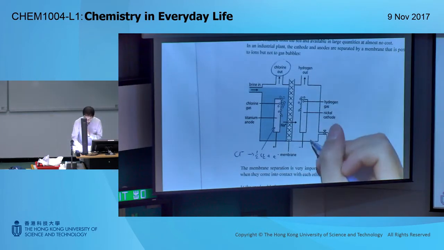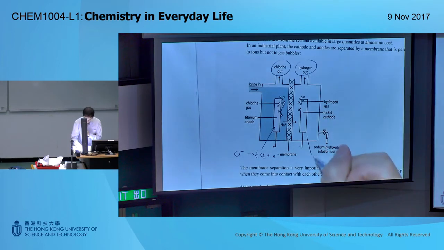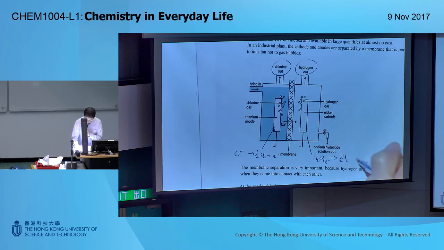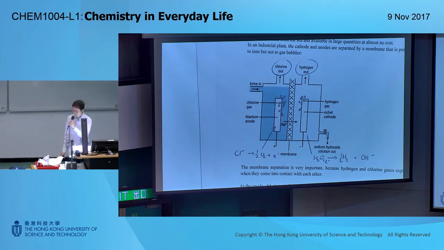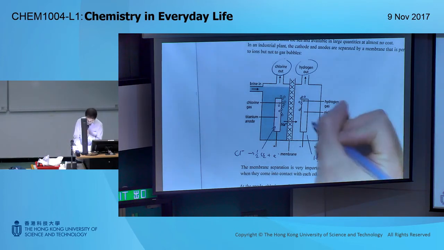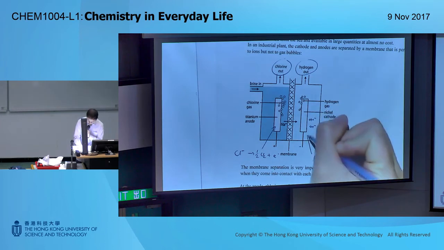And over on this side, we have hydrogen gas, and this is to do with water becoming H2, gaining electron, sorry, and OH minus. And then here, a lot of OH minus will accumulate.